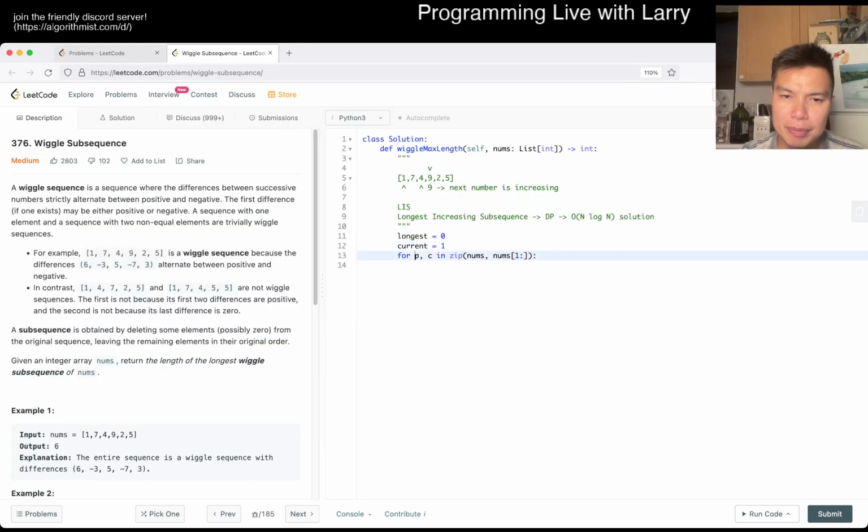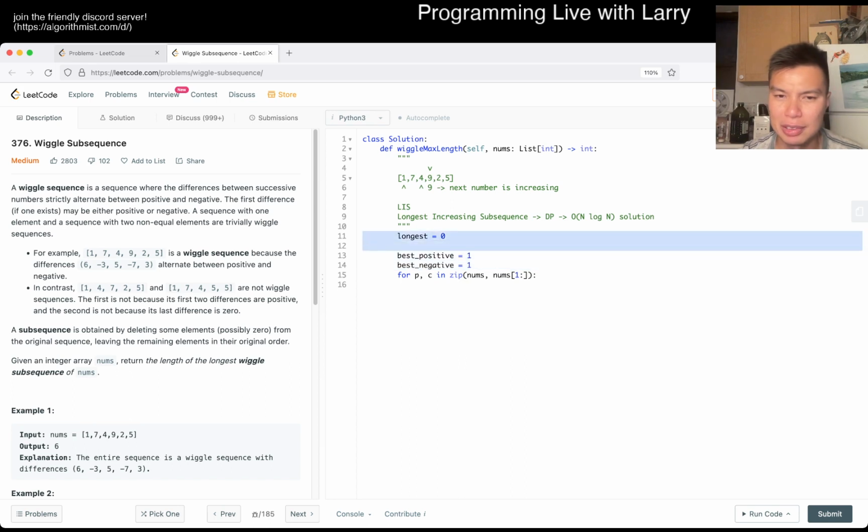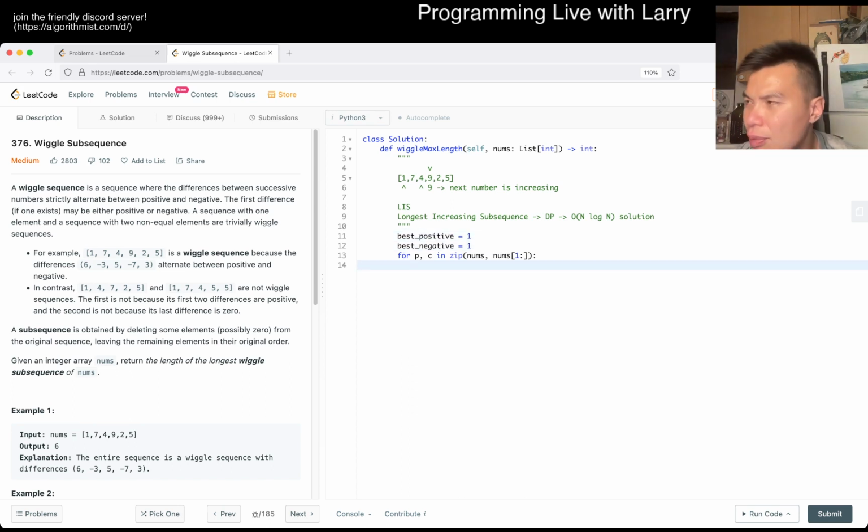And then here, rather, maybe that's not it. Maybe what we want is best positive, and then best negative, right? And maybe they're both 1 actually, and then we don't need the longest. And then here you can represent them in terms of, like, if the current one is bigger than the previous, then what do we do, right?